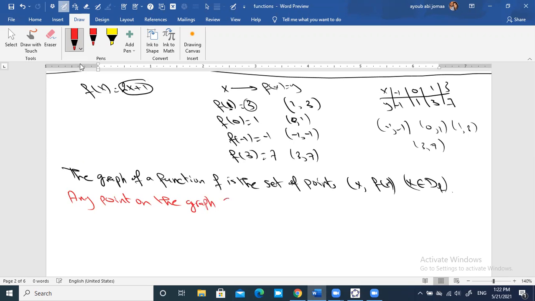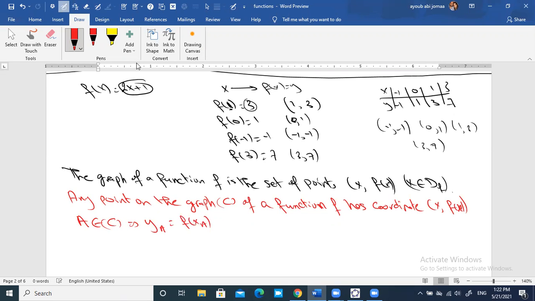Let's call it graph C. I called it C, call it whatever you want. Graph C of a function f has coordinates x, f of x. In other words, if point A belongs to the curve, it means that y of A is equal to f of x of A.